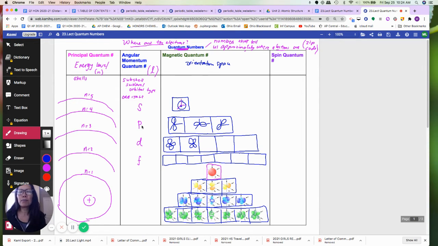If I say it's in the p sublevel, it could be any one of these. I can say it's on the z plane. It could be in this orbital right here. Okay, just for terminology, each square is called an orbital.